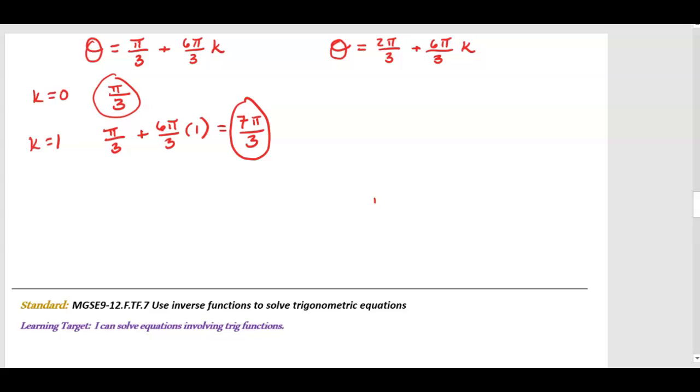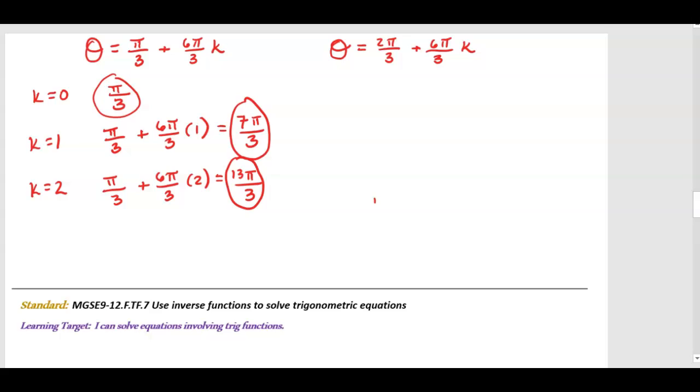That's a second solution. Let's see what happens when k is 2. I get pi over 3 plus 6 pi over 3 times 2. So this is going to give me 12 pi over 3 plus 1 pi over 3, which is 13 pi over 3.